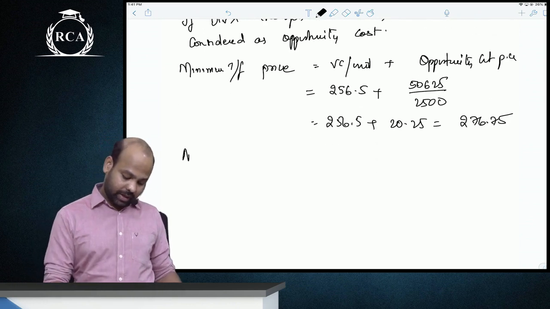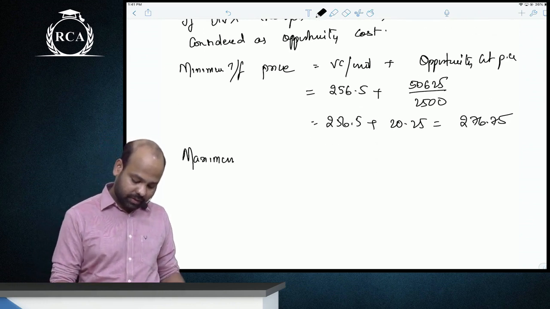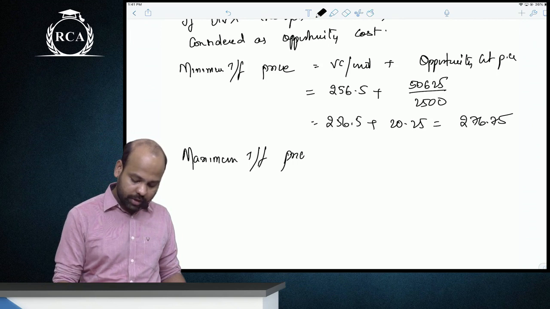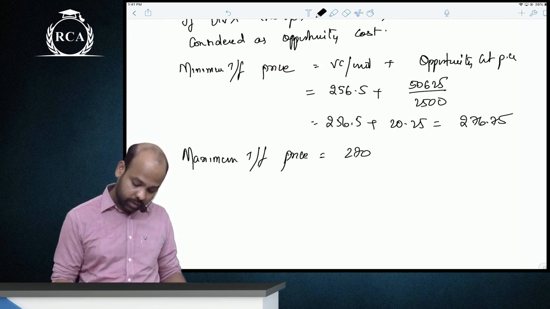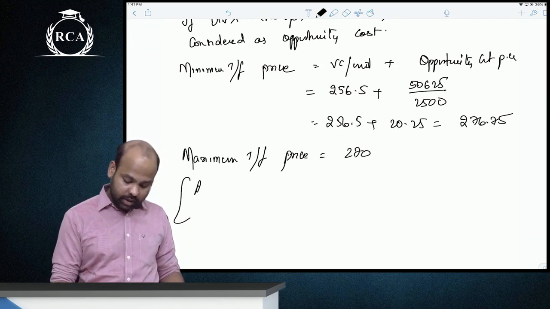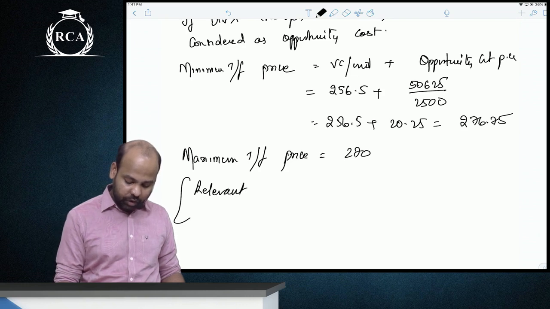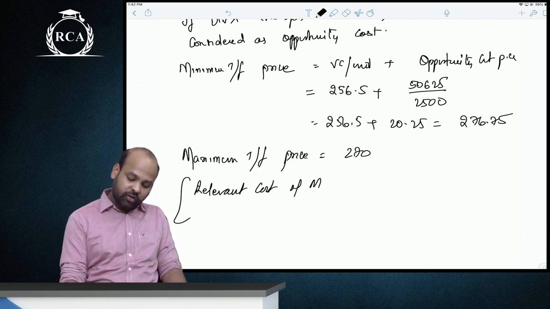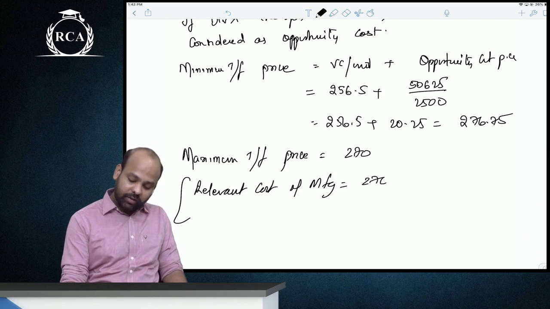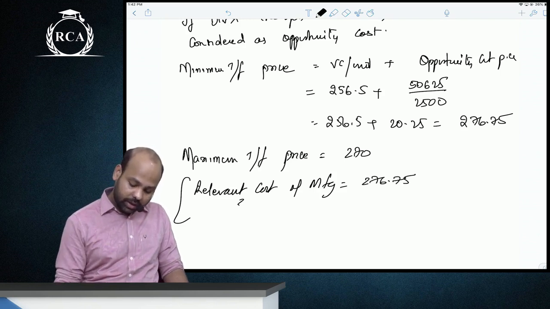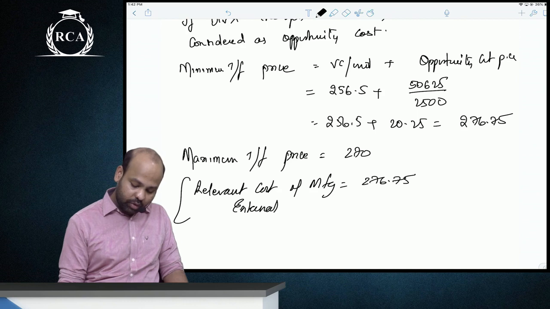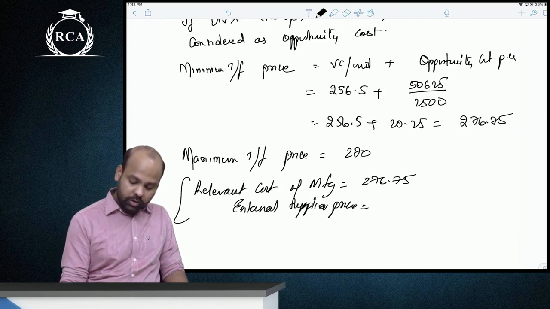The maximum transfer price, as already concluded in the previous bit, is 270. Understand it like this: your relevant cost of manufacturing is 276.75, whereas your external supplier price is only 270. What do you think you will do?